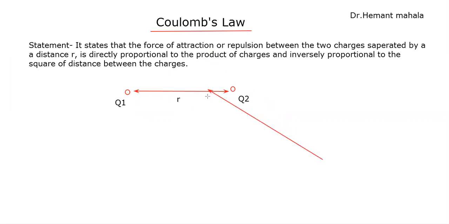Means for different polarities. For same polarities, both Q1 and Q2 positive, the force will be repulsive. And if Q1 and Q2 are both negative, in this case also the force will be repulsive.